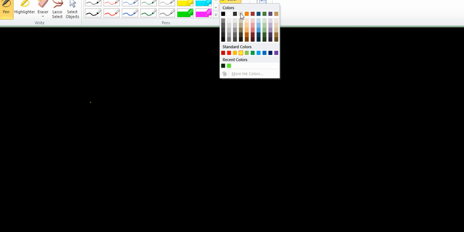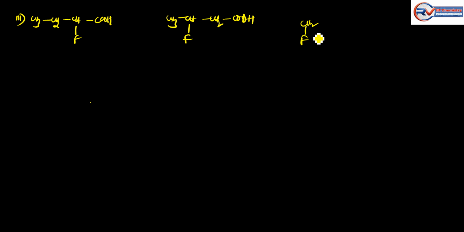Let's see the third example. What is the compound name?